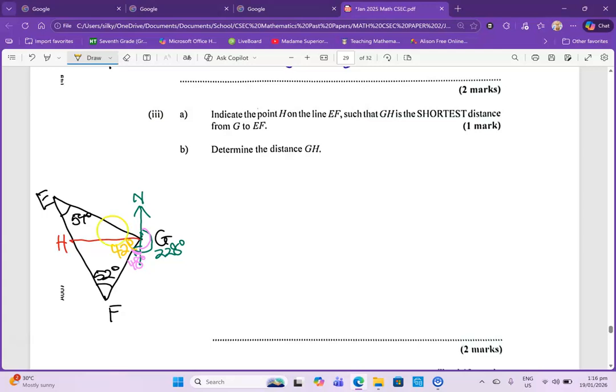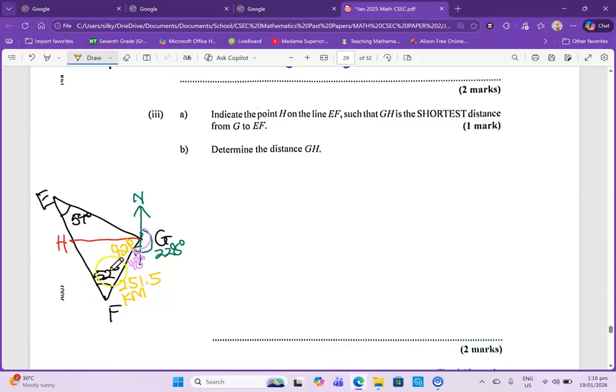Okay, so let's focus on this triangle, GHF. Remember I already found GF, that was 251.5 kilometers, and I want to find GH. Now the problem is I don't have the angle opposite this side, but I can now that I have this angle.